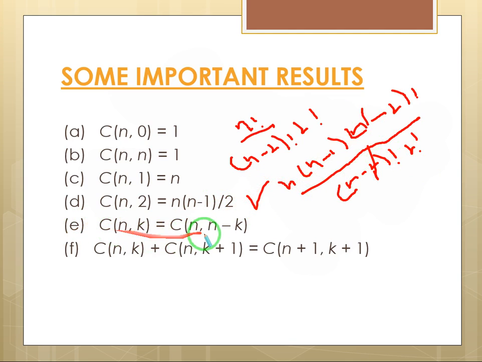Again C(n,k) plus C(n,k+1) is equal to this. This is basically two combinations. Solve one and solve the other, then add both, and the result will be this one. But the simplest method, once you see this kind of question: when we have two combinations with the same n elements, let's say 6, it can be 6 plus 1.